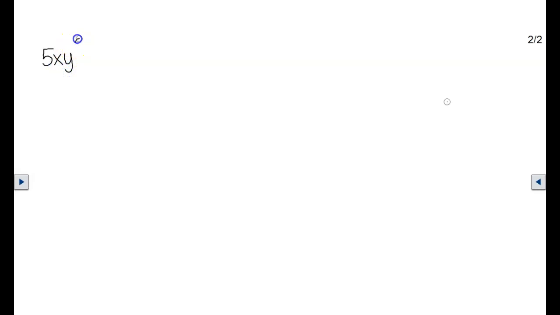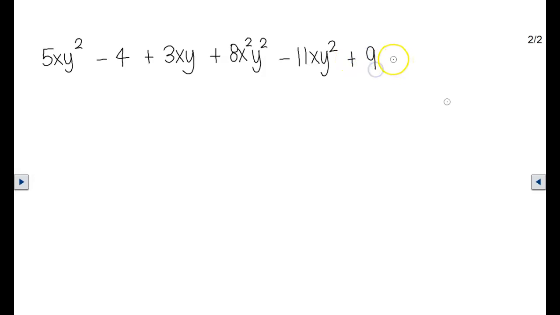We're going to start with 5xy squared. So notice, last name is a little more complicated this time. Minus 4 plus 3xy plus 8x squared y squared minus 11xy squared plus 9 minus 4xy minus 10x squared y squared.